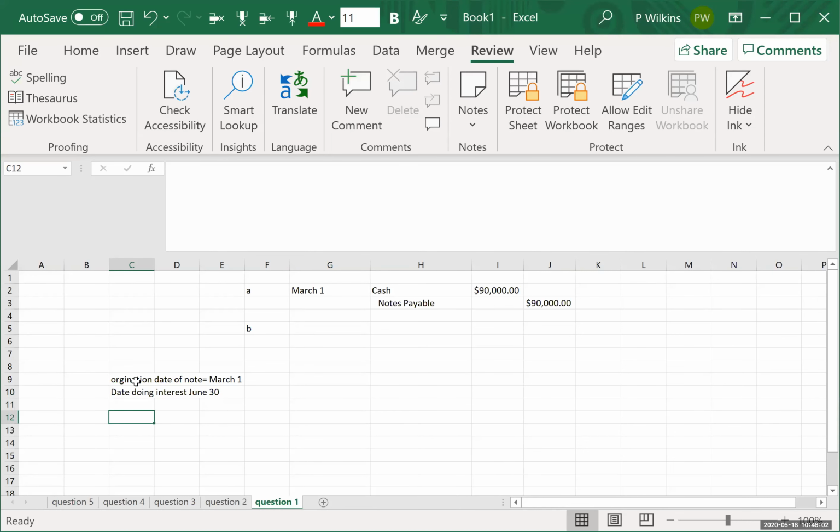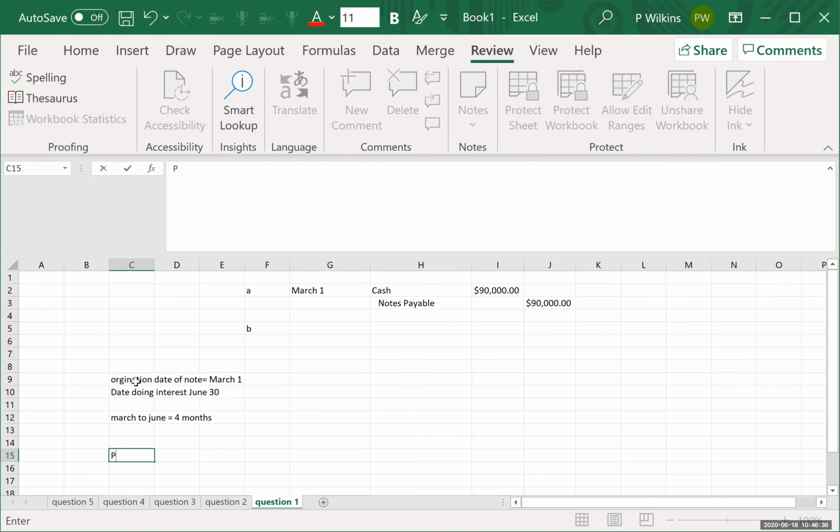So from March to June is all of March, all of April, all of May, and all of June. 4 months, right? And this is a month note. Remember how I was saying if it's a month note, the 12 goes in the denominator. If it's a year note, the 12 goes in the denominator. If it's a day note, 360 goes in the denominator. So for this one, it is a month note, so 12 is going to go in the denominator.